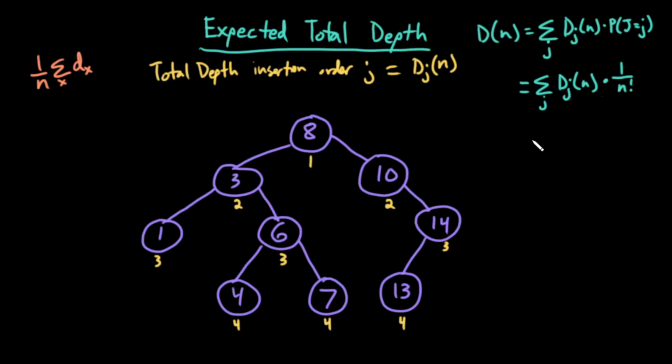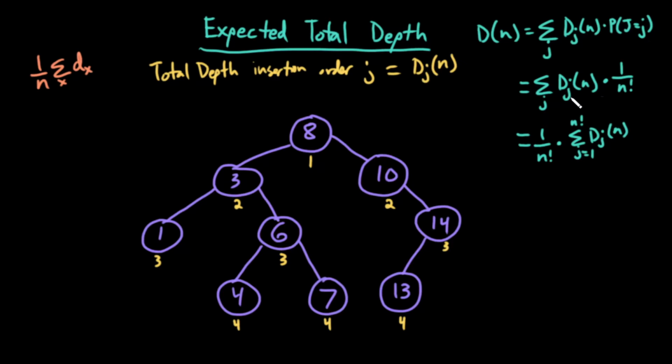I can pull this out of my sum. So the expected total depth would be 1 over n factorial times the sum over all insertion orders j of the total depth of insertion order j. So I'll say j equals 1 to n factorial, because there's n factorial possible insertion orders j.